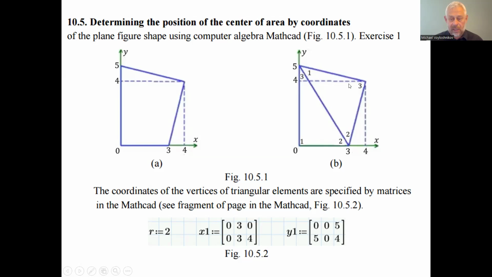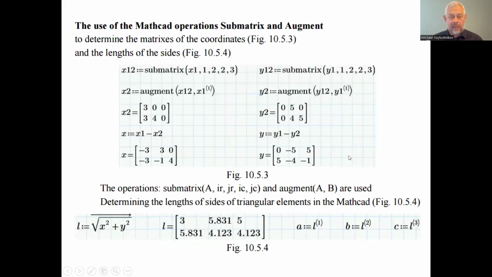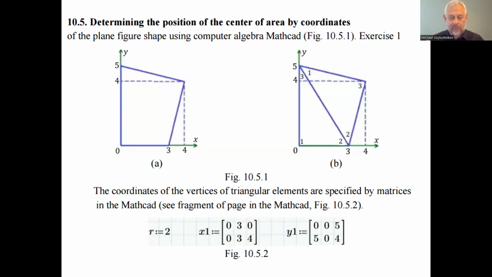The same we do for the second triangle. Next, we have to find the sizes of the projections of the sides of the triangles on the coordinate axes. To do that, we need to find the differences.